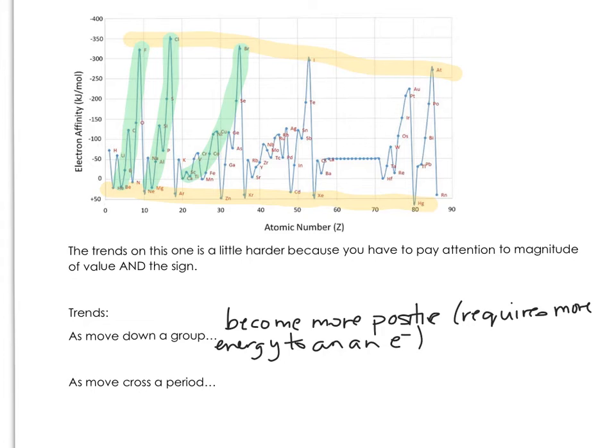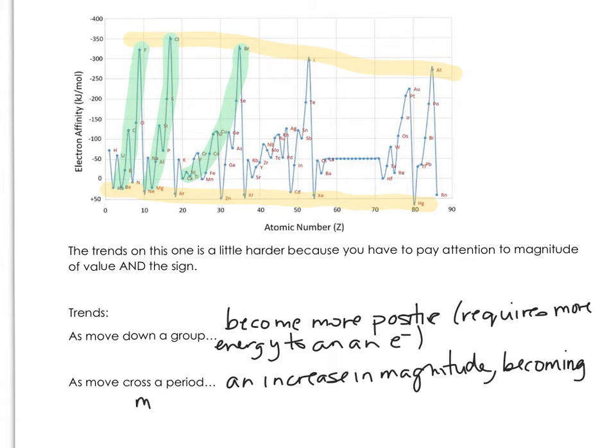As you go across a period, you get an increase in magnitude, becoming more negative. So it's easier to add an electron.